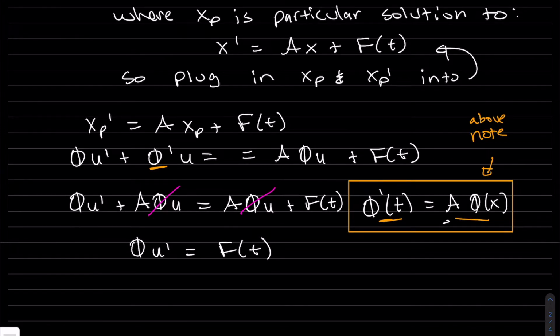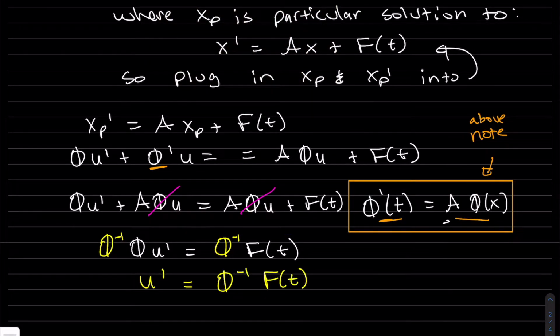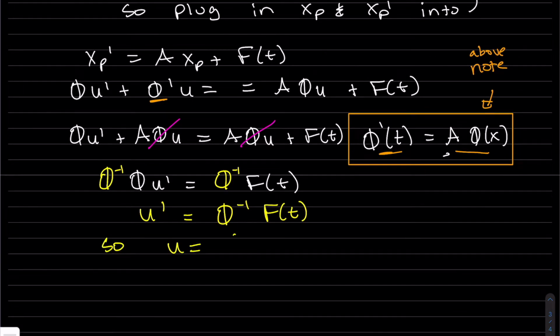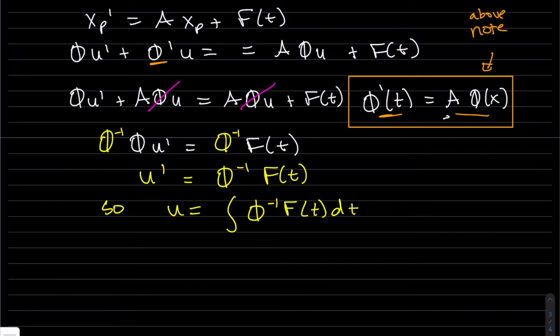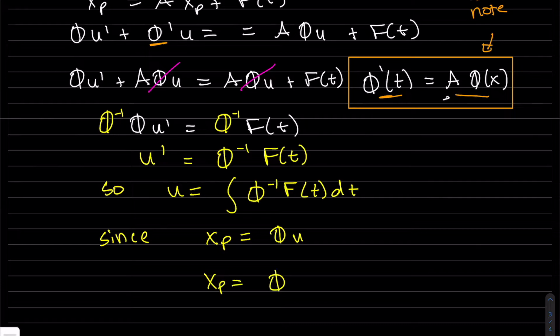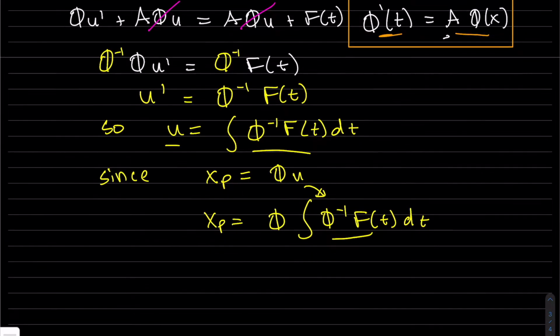And remember, phi inverse exists. So this is U prime. So this will be a column matrix when you multiply them.